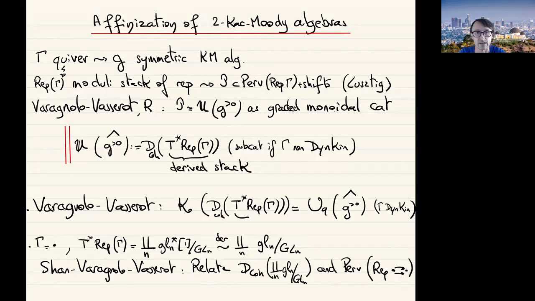Everything is fairly derived. But it's probably really good to be able to have a definition of an affinized Kac-Moody algebra monoidal category. I'll stop here.